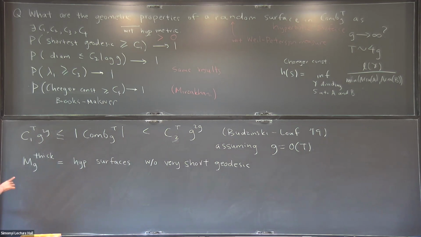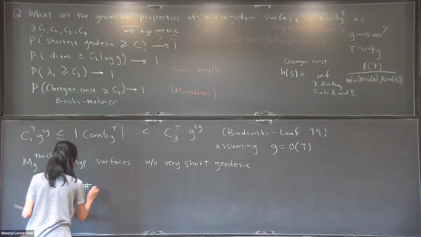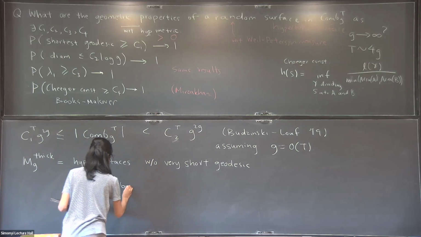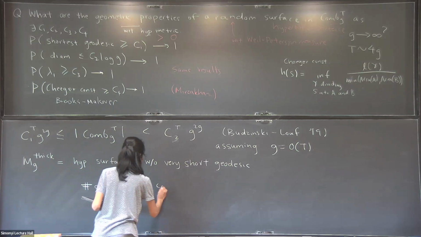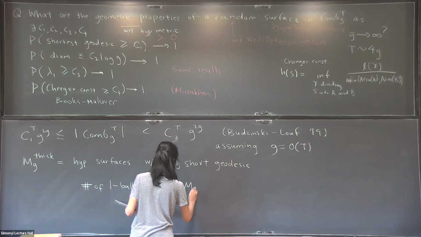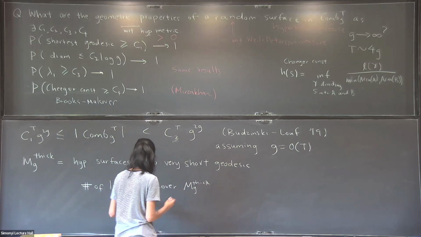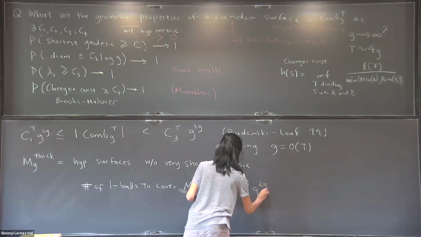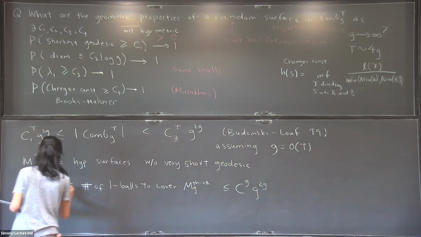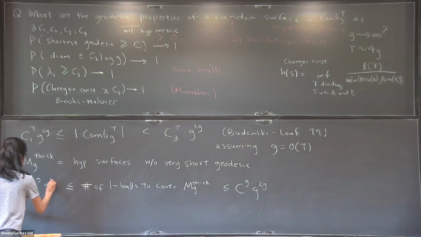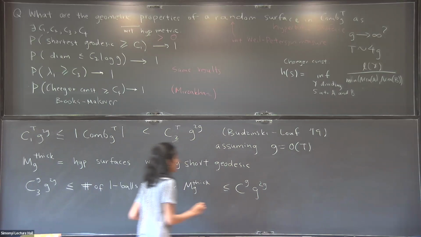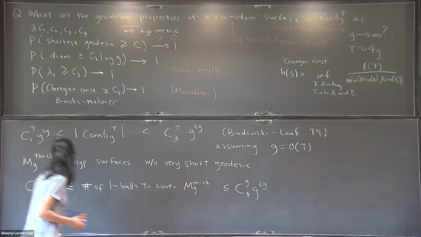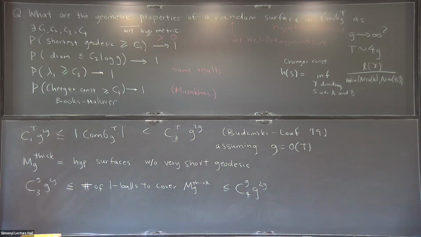Okay, so how many Teichmüller balls of radius 1 do you need to cover the thick part of moduli space?